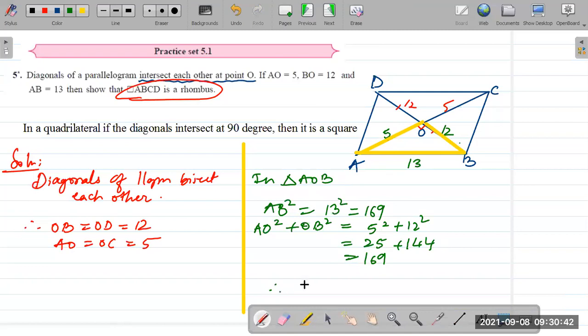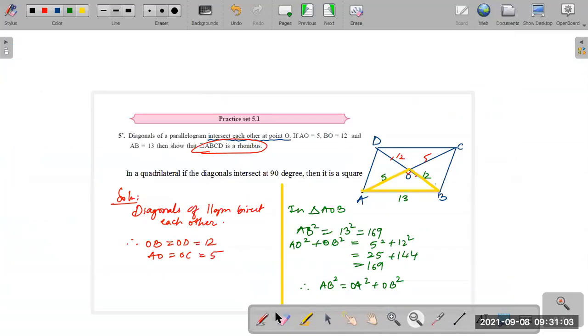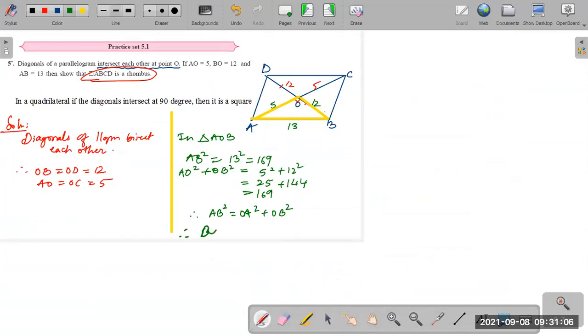So what do we get here? Therefore, AB squared is equal to AO squared plus OB squared. And you can see that this is a Pythagorean triplet. 5, 12, 13 is a Pythagorean triplet. Therefore, what can we say here? Therefore, by converse of Pythagoras theorem, we can say that angle O is equal to 90 degrees.